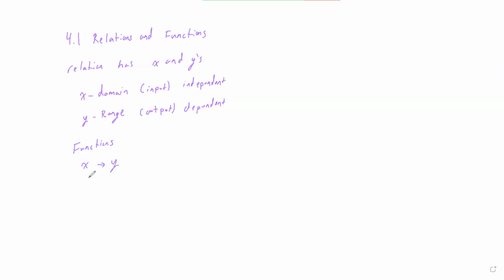The issue is if I plug in an X and I get two Y values out of it, this would not be a function. Because basically what that would mean is that my X repeats. So another way to write this is X cannot repeat.